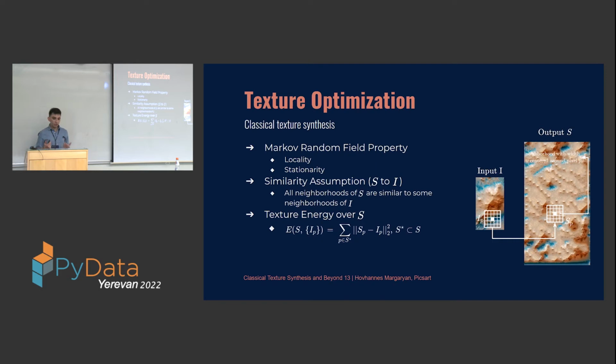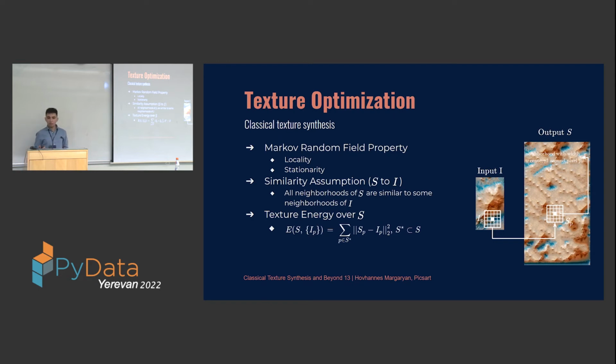Let's first of all assume that a texture follows the Markov random field property, which in the case of textures comprises locality and stationarity. Locality implies that the intensity value of a given pixel is only dependent on pixel intensity values in its neighborhood, while the stationarity assumption means that the dependence is independent of the position of the given pixel.